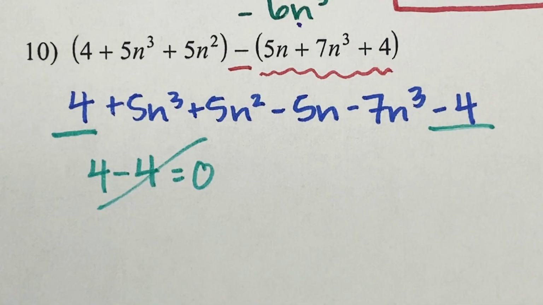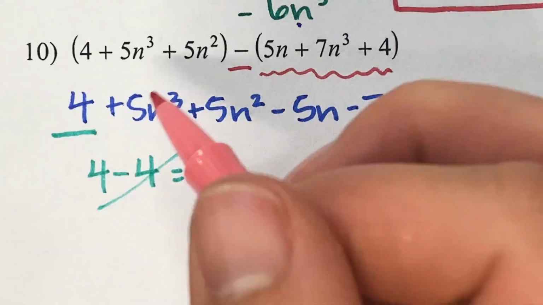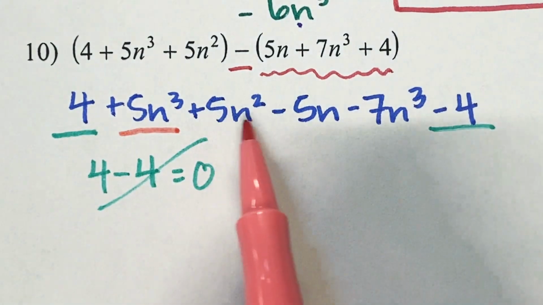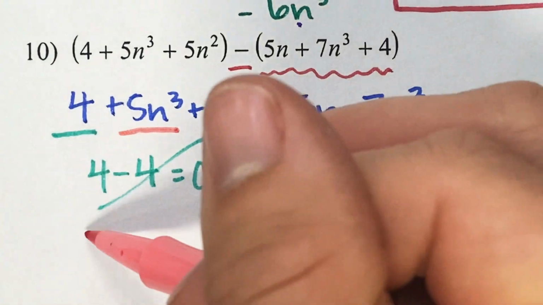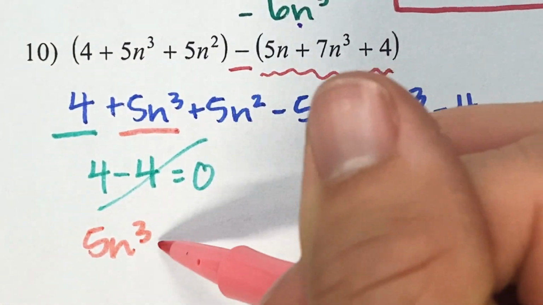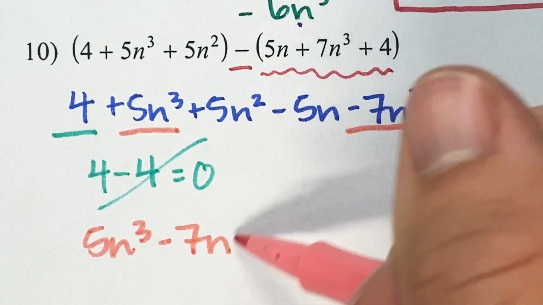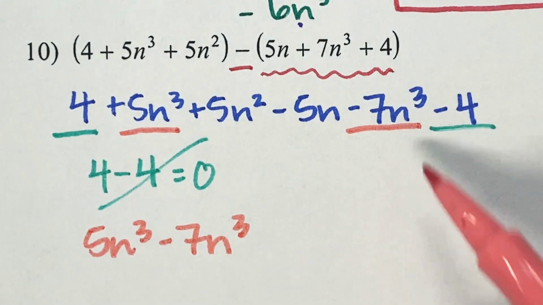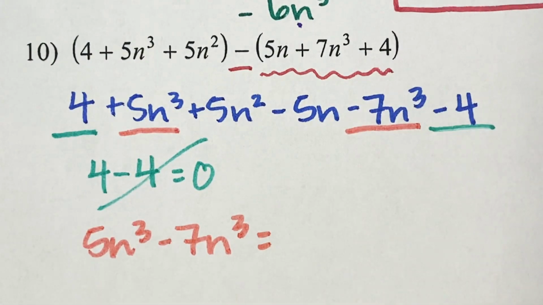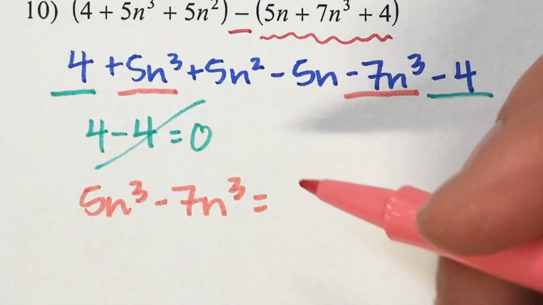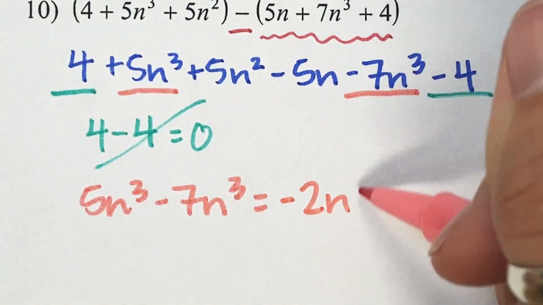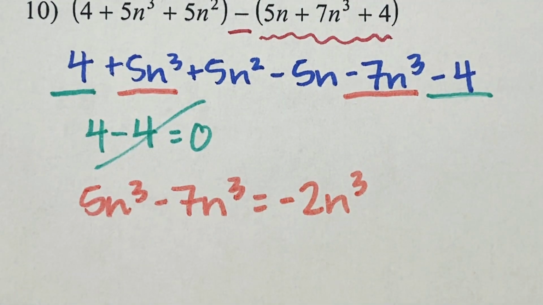Beautiful. Okay, our next term is 5n cubed. Any other n cubes? Yep, right there. So I have 5n cubed minus 7n cubed, because it's a minus 7n cubed. What is 5n cubed minus 7n cubed? It's going to give me negative 2n cubed.